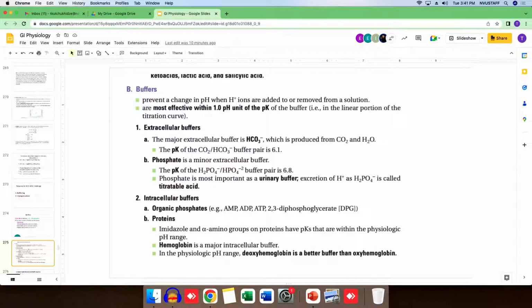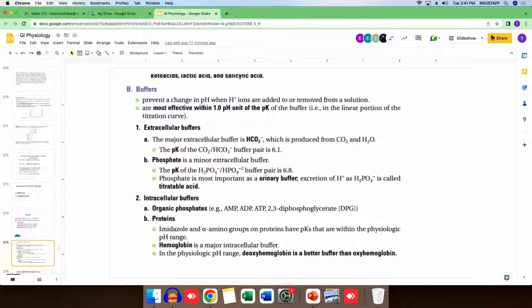And we're having classification of the extracellular and intracellular buffers. Extracellular buffers are the major components in the extracellular fluid, like the bicarbonate, which is produced by CO2 and water.